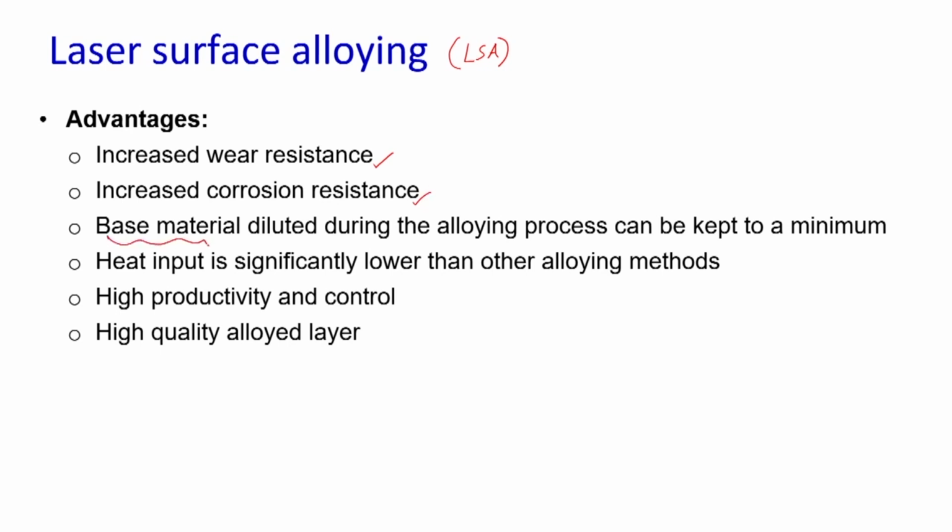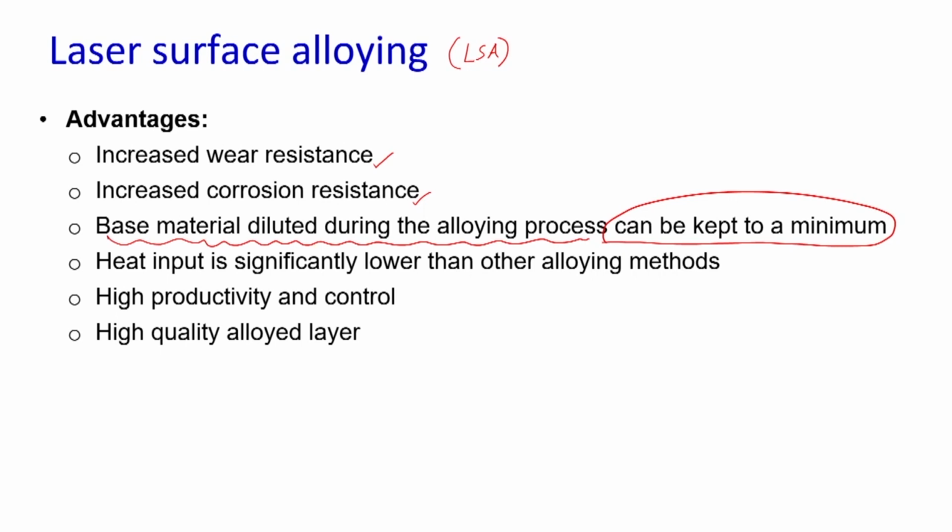The base material diluted during the alloying process can be kept to a minimum. This is an important characteristic of laser surface alloying, that the dilution can be kept minimum in laser based surface alloying.